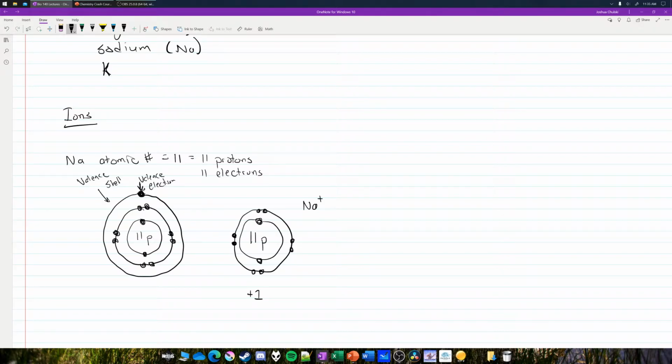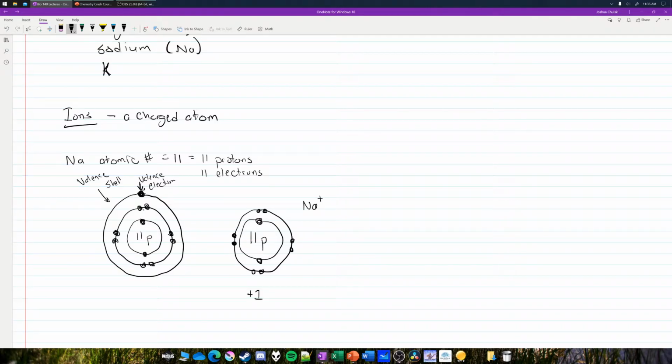What that makes the sodium then is an ion. And an ion is simply a charged atom. It's got a charge on it. Now, there are 2 flavors to the charge.